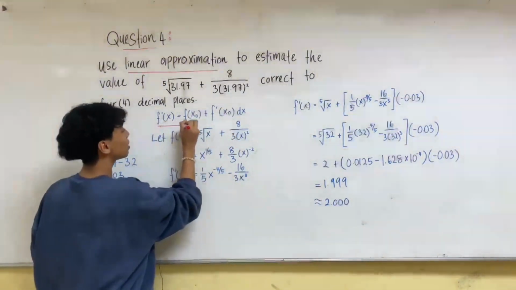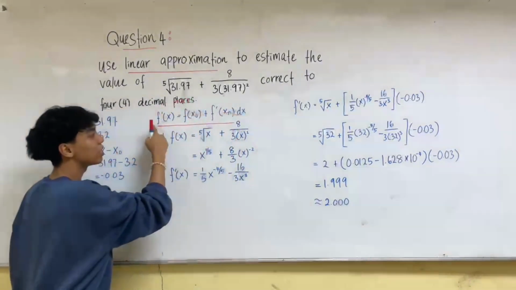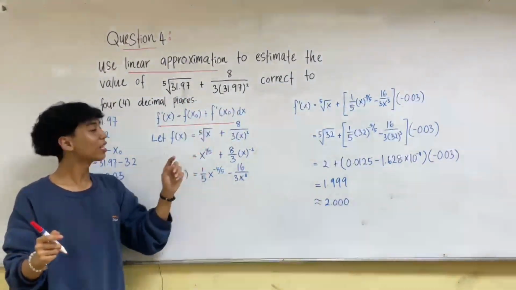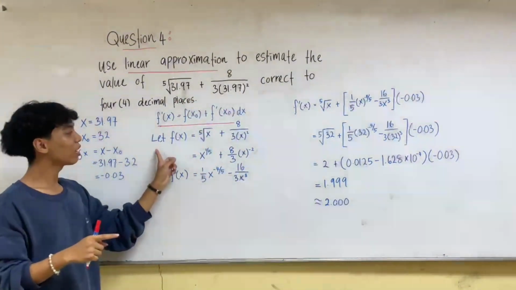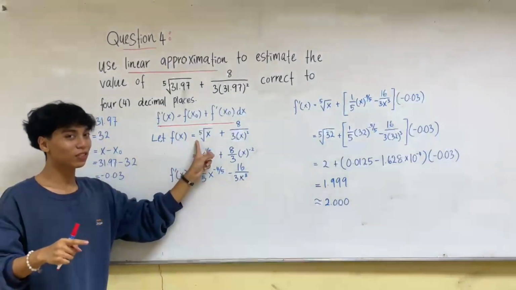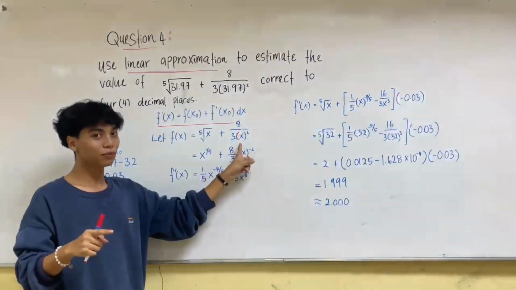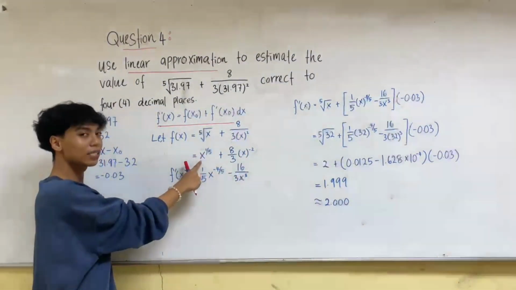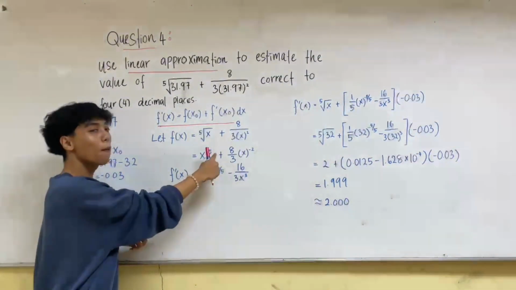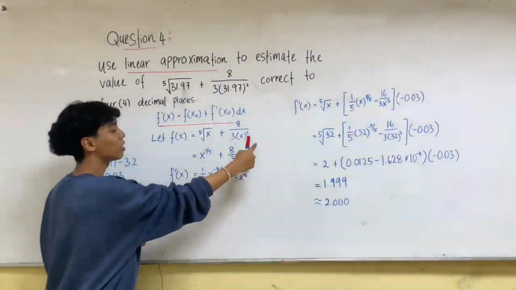Okay, now we will find f(x) first. So f(x) is 5 square root of x plus 8 over 3 times x squared.